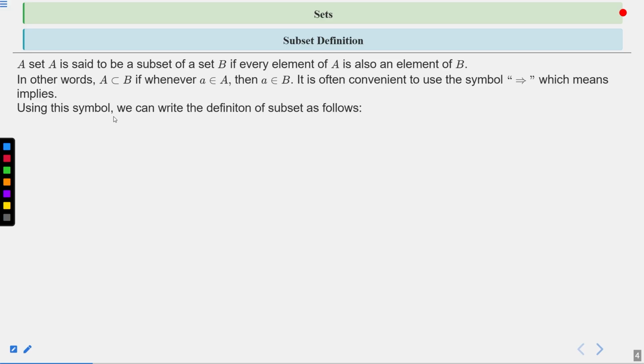Using this symbol, we can write the definition of subset. A subset of B if for every a belongs to set A implies that element a also belongs to set B. I hope this mathematical definition is clear to you.